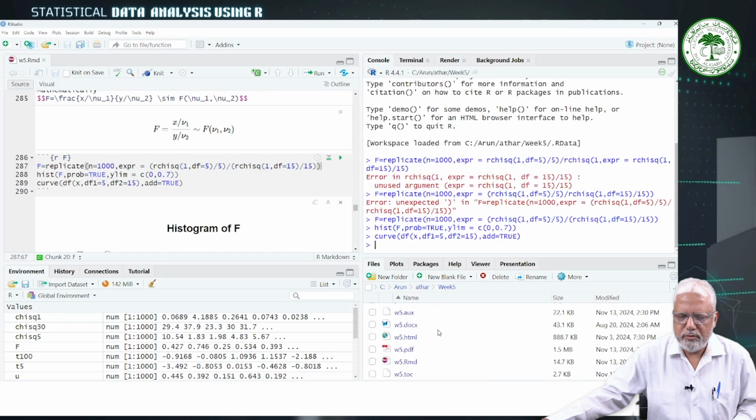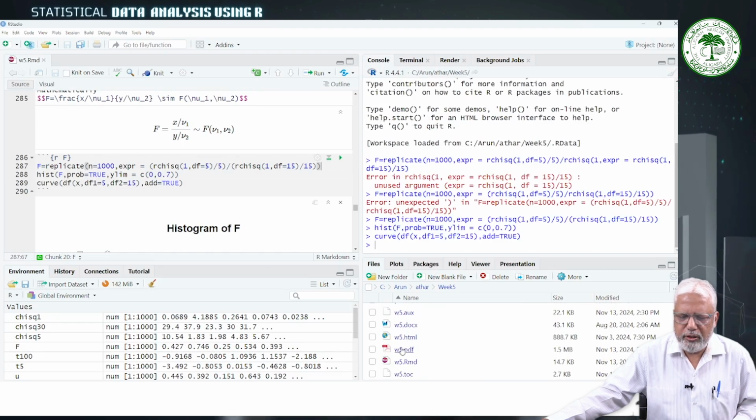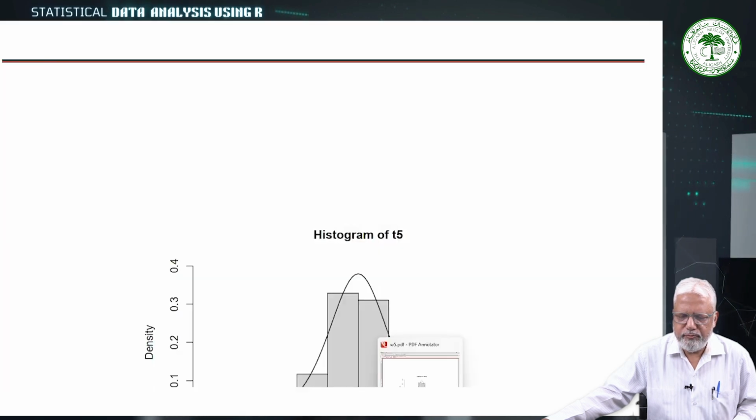Yes. Now the PDF has been generated, and we can open it and see.